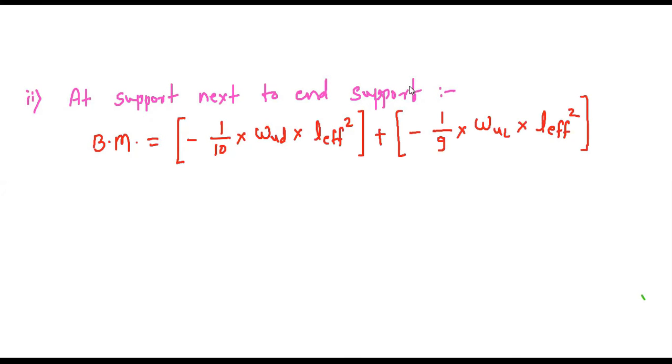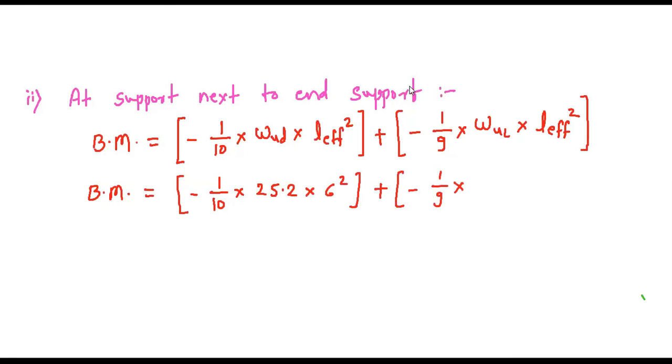So the bending moment is equal to minus 1 by 10 into dead load 25.2 into 6 square, plus minus 1 by 9 into 19.5 into L effective 6 square.